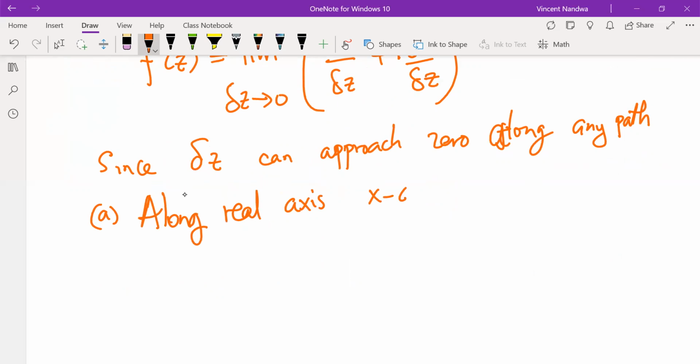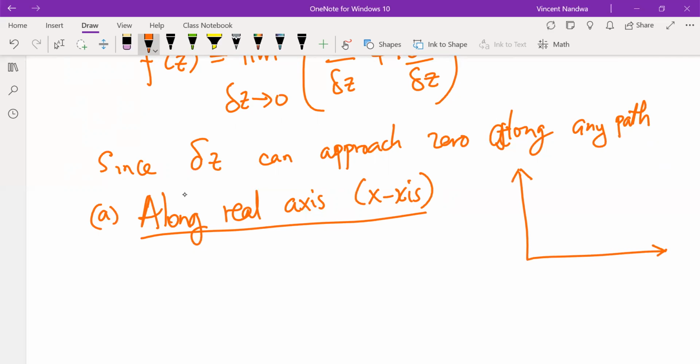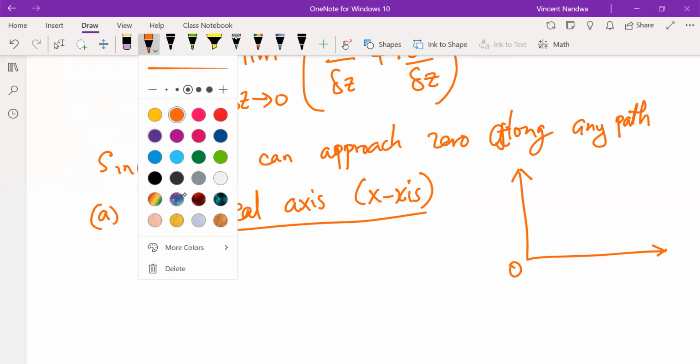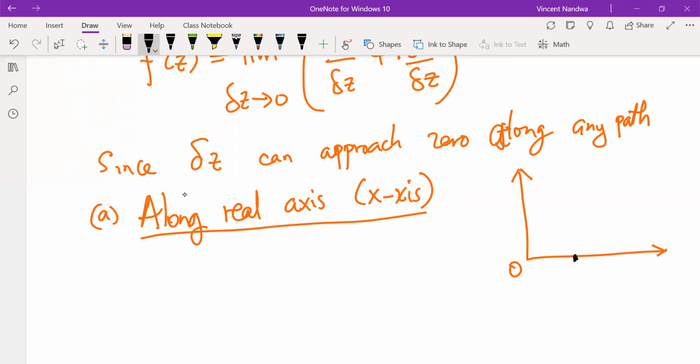So this is the x-axis. It's like we have this case. So this is a point. We have 2 points here, Q and P. So delta z is the same as change in x.